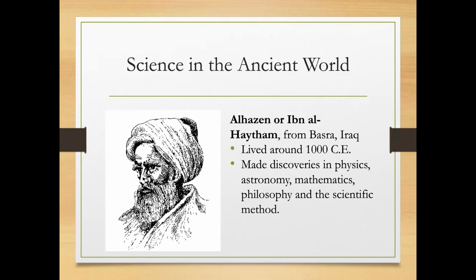All right. So there was also this kind of logical, rational thought going on in the Arabic world, in China, India, across the continent of Africa, and also in Central and South America.